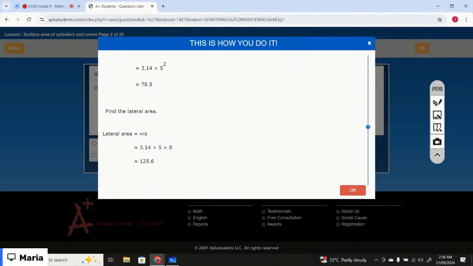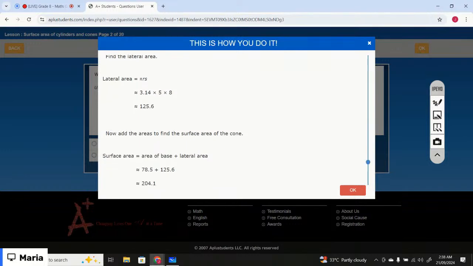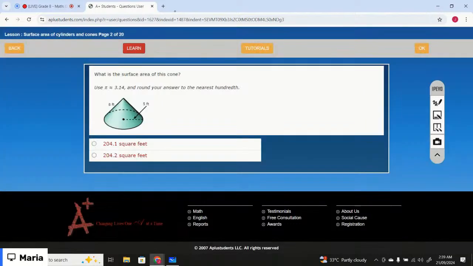The lateral area is pi r s, that is 125.6. So you need to add both the areas, area of base and the lateral area. So the correct option is 204.1. Option number 1 is the correct option, right?